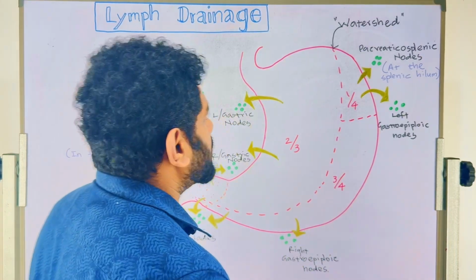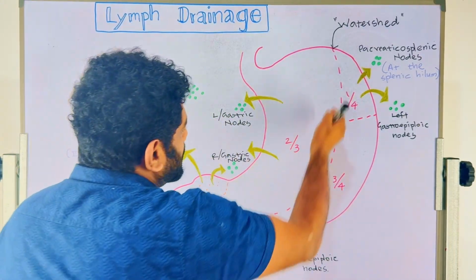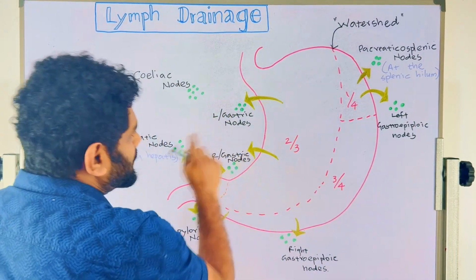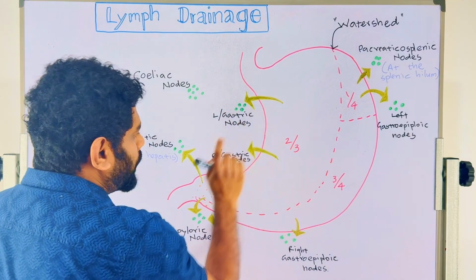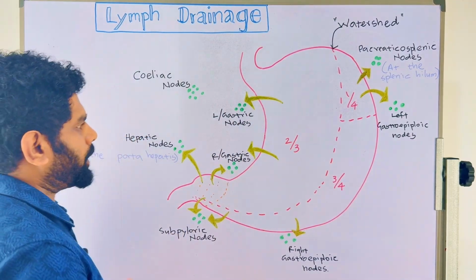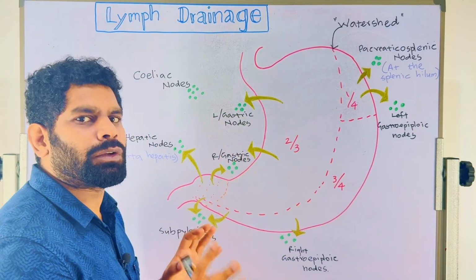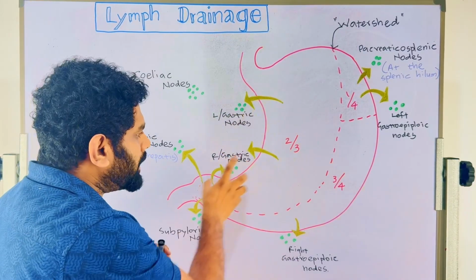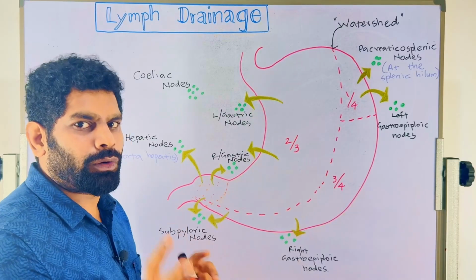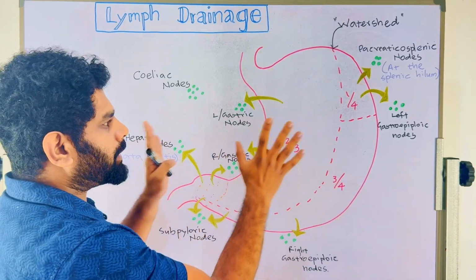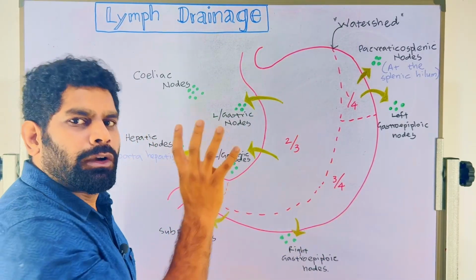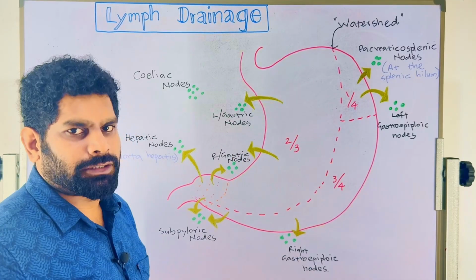Right, this larger 2/3 part drains into left gastric nodes and right gastric nodes. These names of the lymph nodes are similar to the names of the blood vessels in the same area. So understanding the blood supply of the stomach will help you to understand the lymphatic drainage.